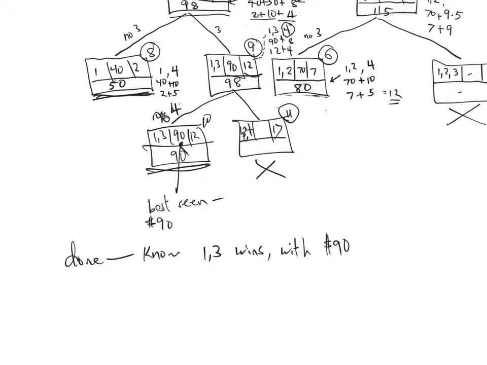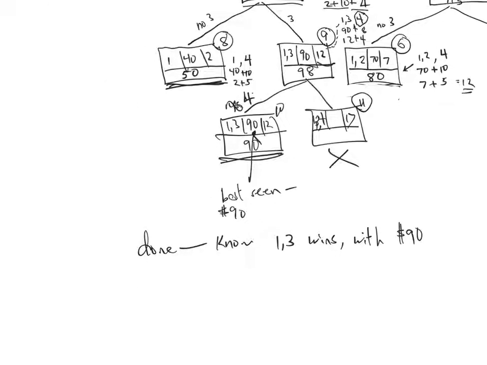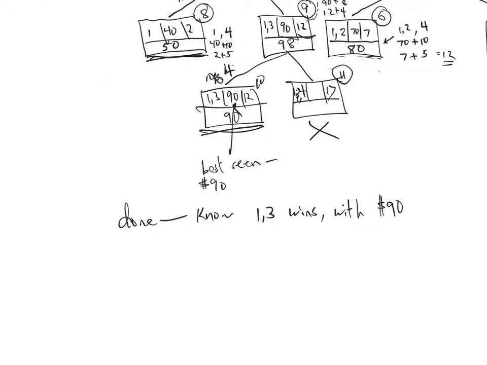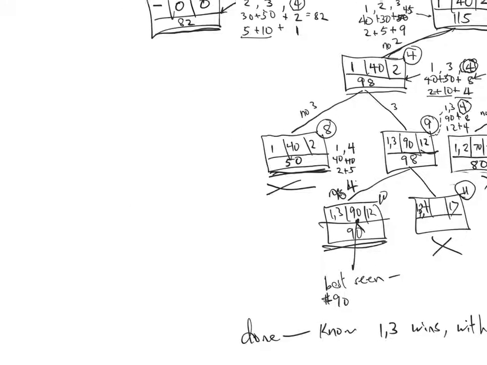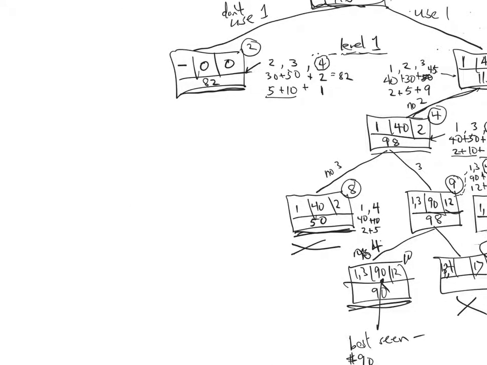So to review what we're doing here, once we found we could actually achieve 90, we go back and prune this guy that had 50, this guy that had 80, and this guy that had 82.